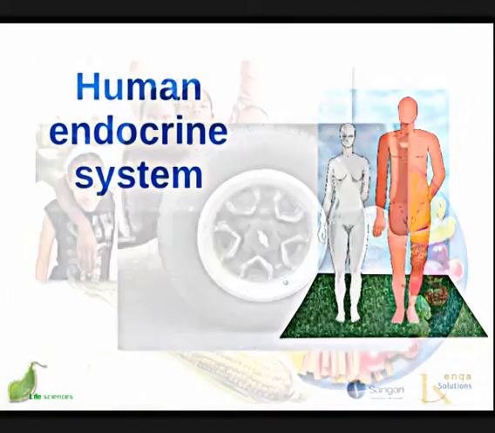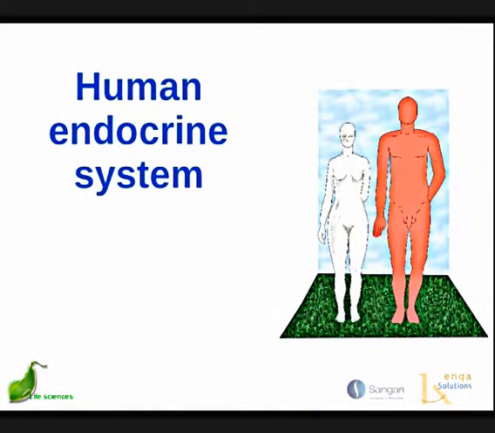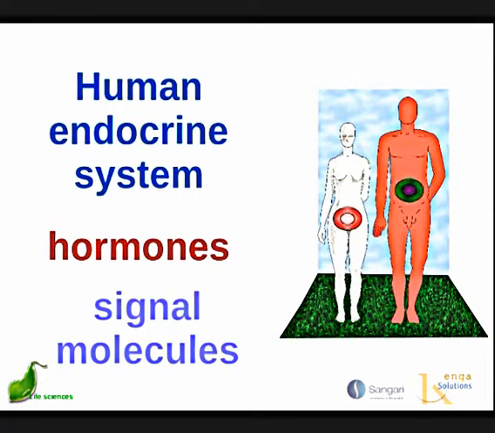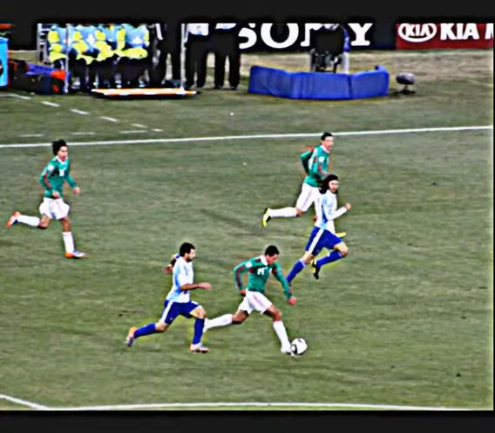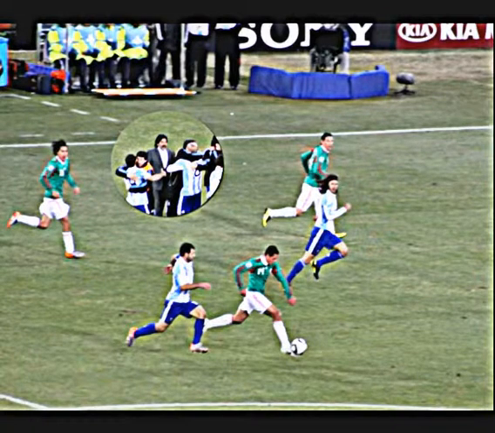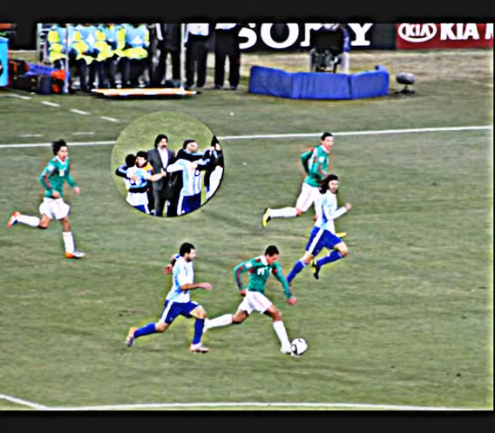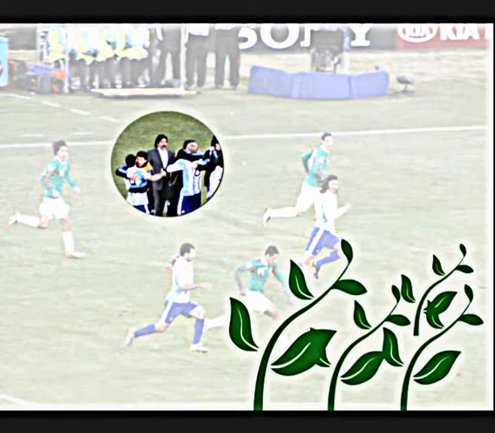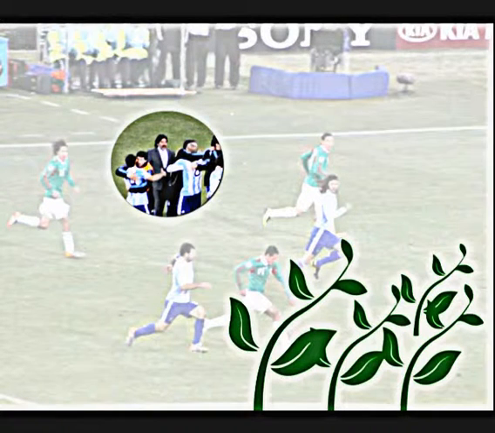Now, remember when we talked about the human endocrine system, we discussed our hormones and said they were what? Signal molecules. Remember, we used the analogy of the coach in the World Cup soccer, signaling the players, signaling the team. Well, plants also have hormones. They have hormones, and they serve a similar signaling purpose.